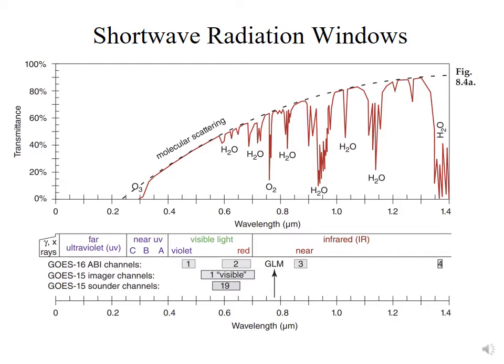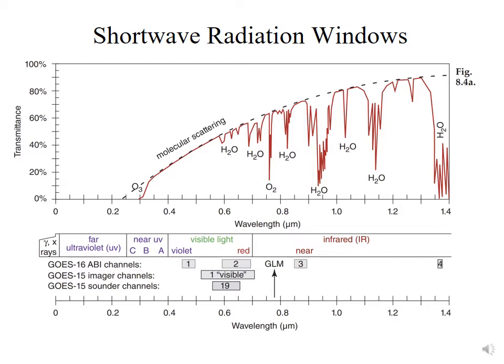It's called the molecular scattering. And so that's essentially defining the maximum amount of radiation that could be transmitted through the atmosphere because of the effect of molecular scattering. Let's take, for example, a wavelength of 0.5 micrometers, which is green light. The maximum amount of transmittance that we could get through the atmosphere is about 35%.